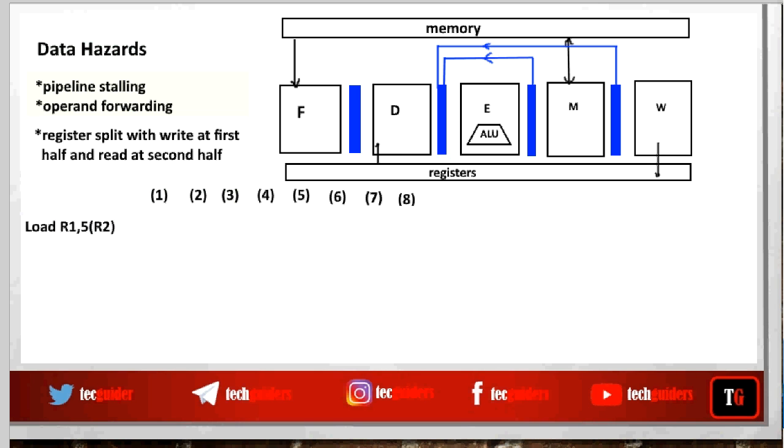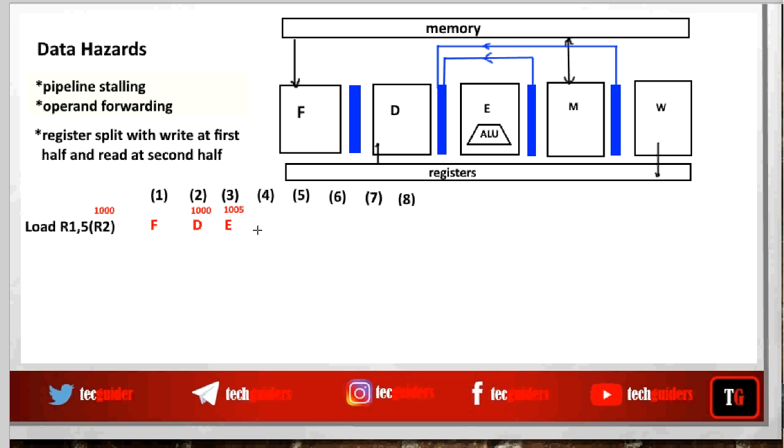Suppose we have a load instruction. Suppose we fetched this instruction in our first clock cycle. In our second cycle, we accessed the operands from the register. Here the content of the register is the address of the memory location, which is 1000. In the next stage, in the execution stage, suppose we have an effective address computation required. That effective address is computed here, 1000 plus 5.